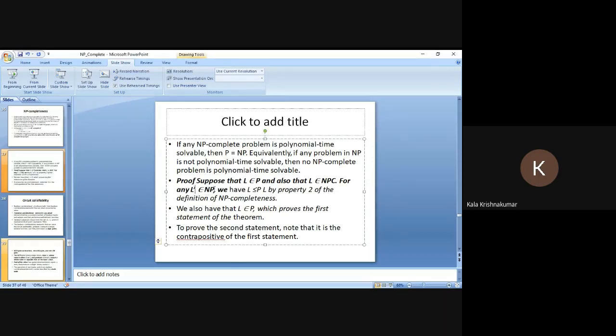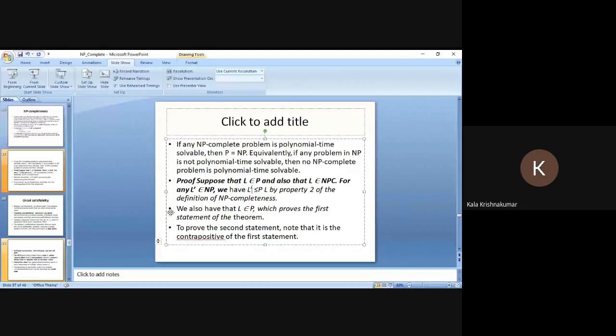For any L dash element of NP, we have L dash polynomial time reducible to L by property 2 of the definition of NP completeness. That is, L is element of P and also L is element of NPC.